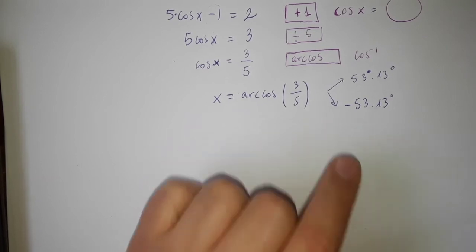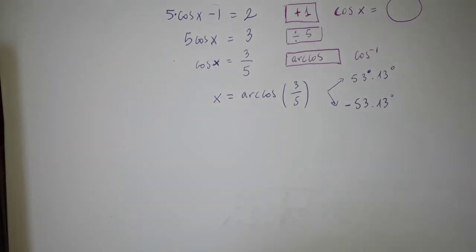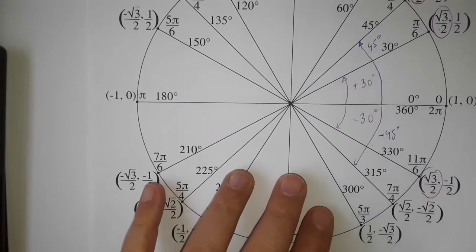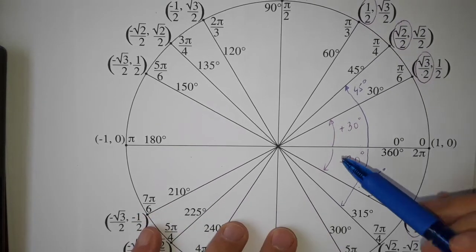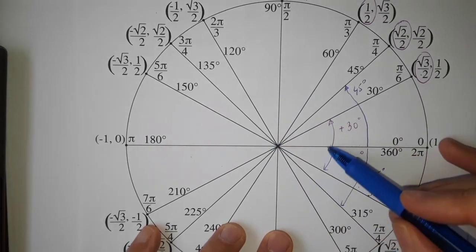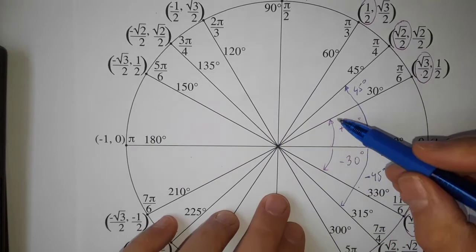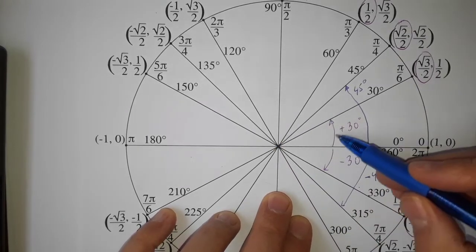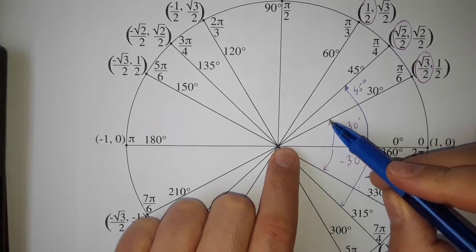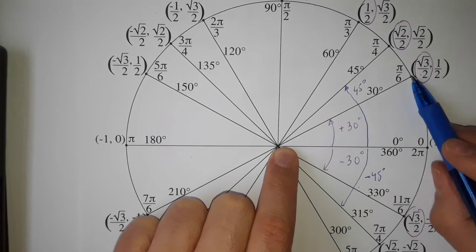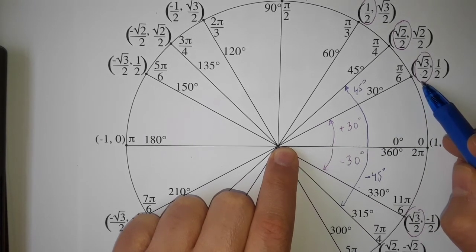Now, are we done? Are these all the solutions? No, these are not all the solutions, because every time we do a full round, so when we are at 360, we're going to have a coterminal angle that will give us the same cosine.